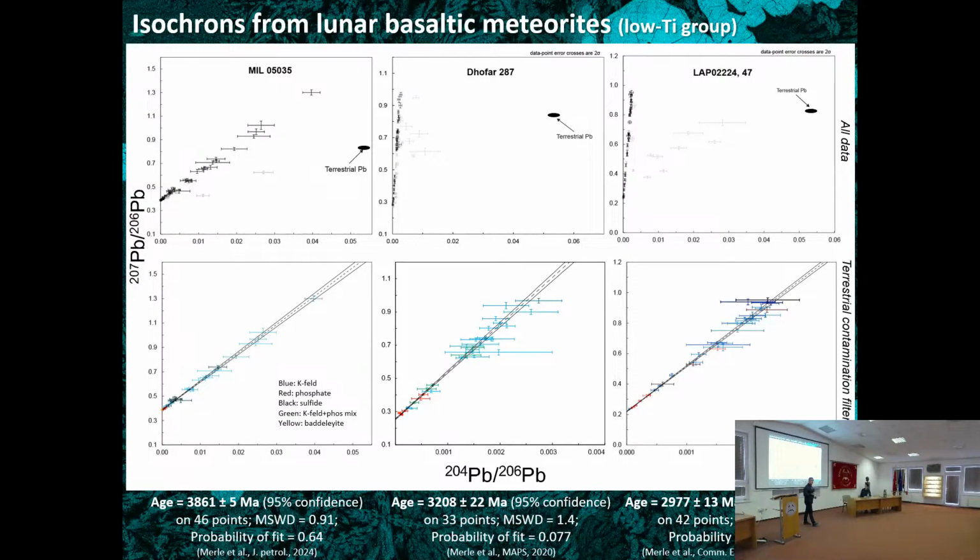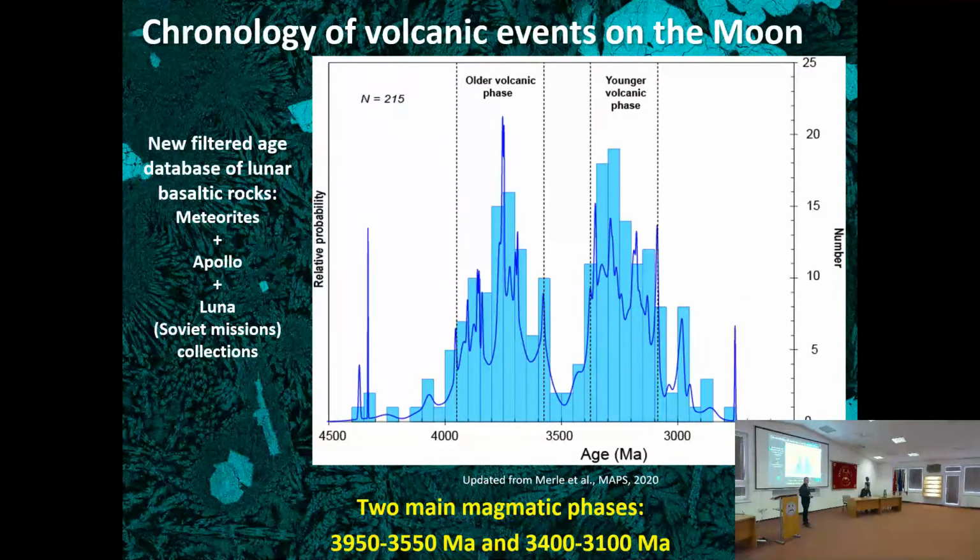So now, with this new data, we can look at the previously published data and look at analytical, methodological problems, filter them, and then we can obtain a better overview of the timing of the basaltic volcanic activity on the moon.